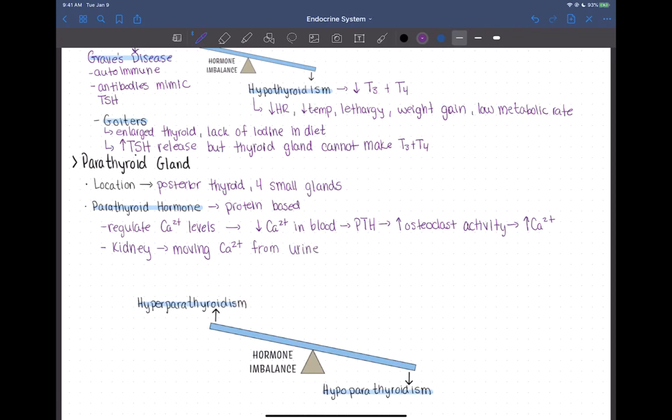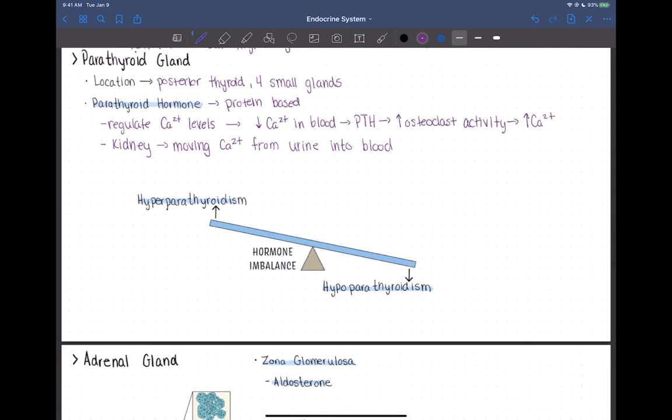So calcium from urine into the blood. And so that's one way of increasing calcium in the blood, making sure it doesn't leave in the urine.